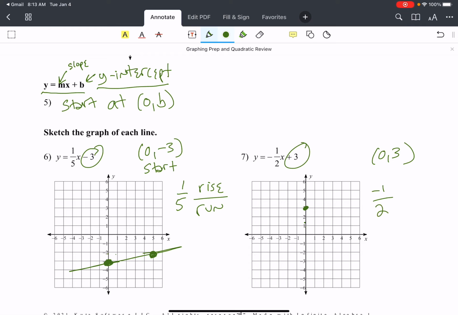It's like I'm just moving it to the top. So then I'd go down 1 over 2. And connect them. If the starting point's close to the top of the graph and you can't go anywhere, don't you just make them both negative? Yeah, you can.